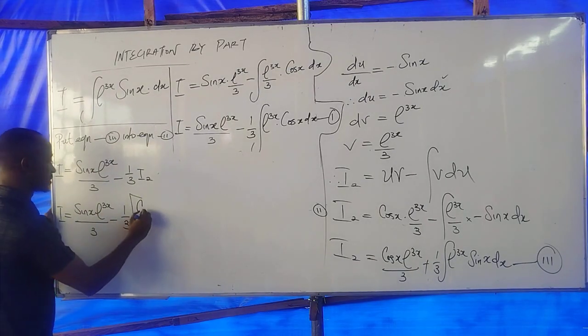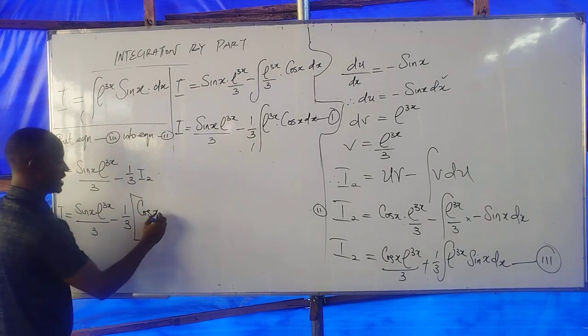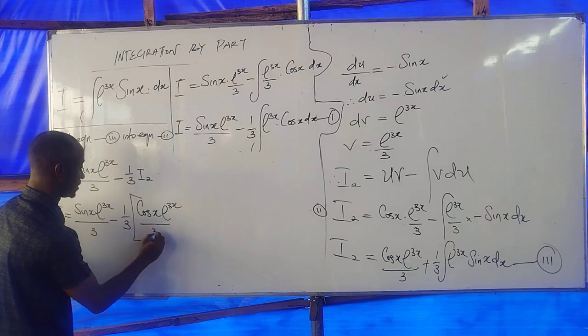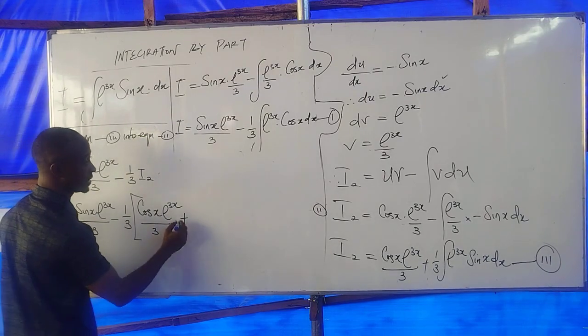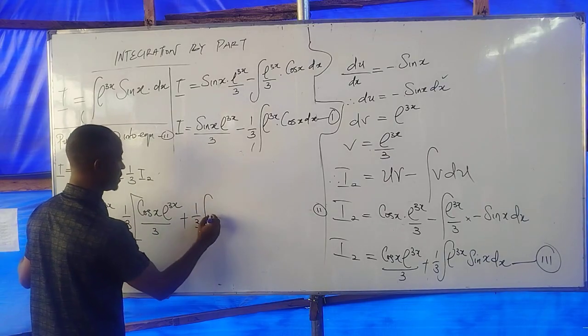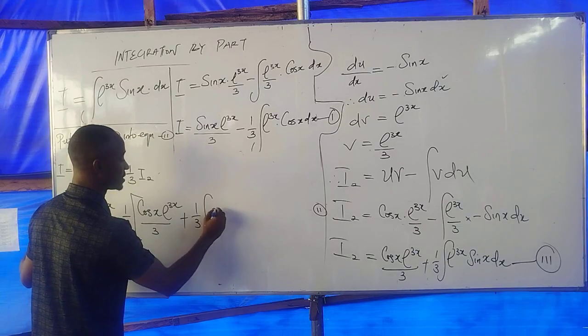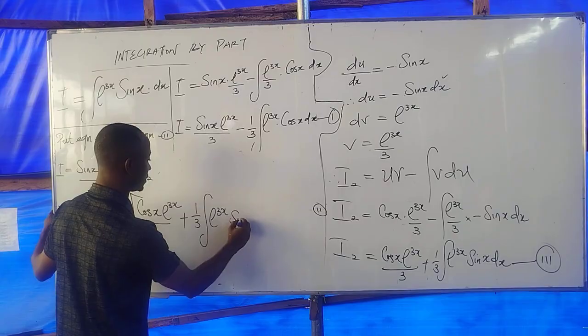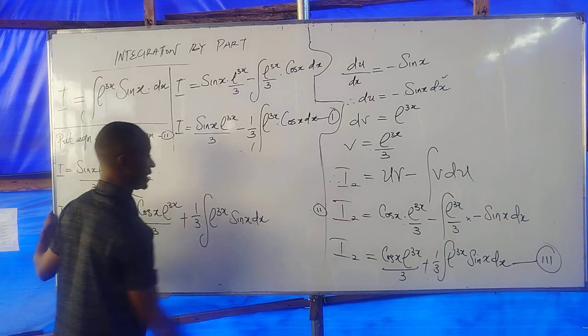Cos x exponential 3x over 3, right? Plus 1 over 3 integral of exponential 3x sine x dx.